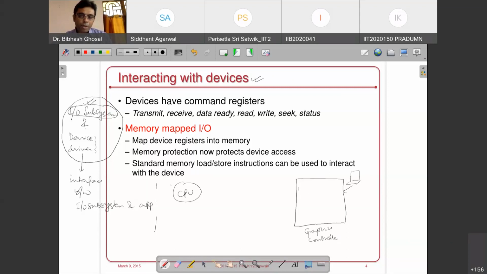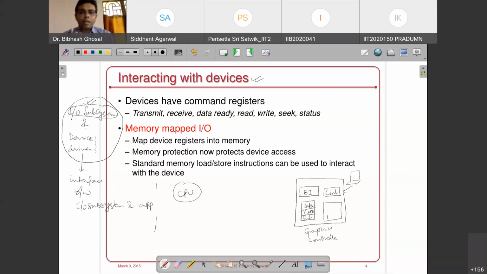And what do you have? You have a controller, some microprocessor inside, and there will be some set of registers. These are the most important. Out of those, one will be called status, the second will be called control, and then we'll have data. Then you may have some memory.